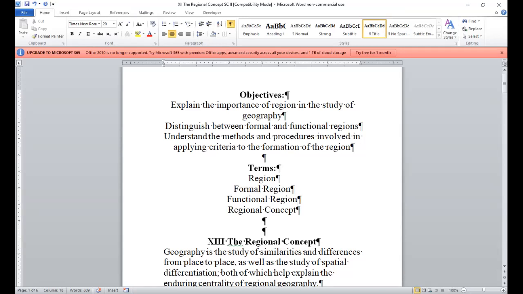Language patterns. Functional regions would be an economic zone. That can change, probably won't, but it could.